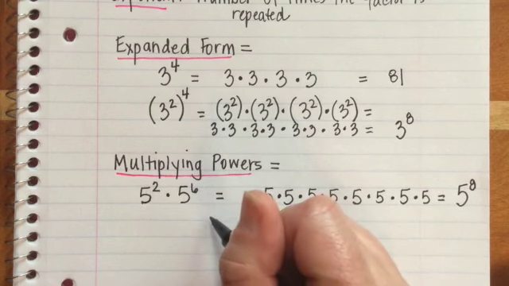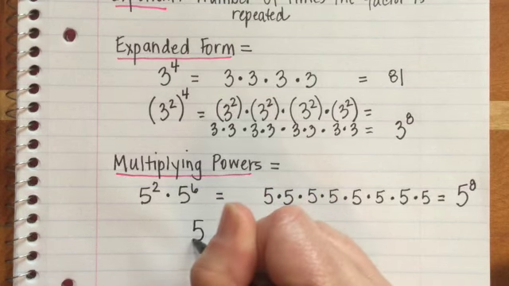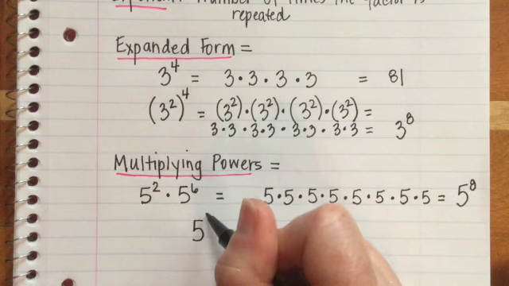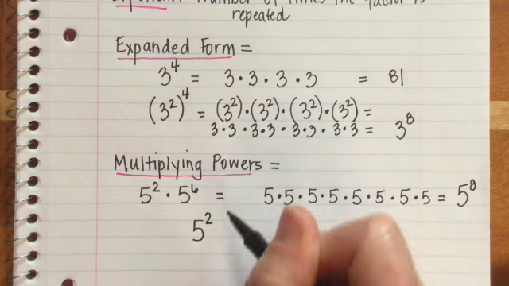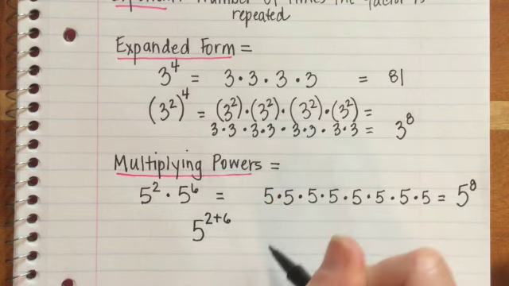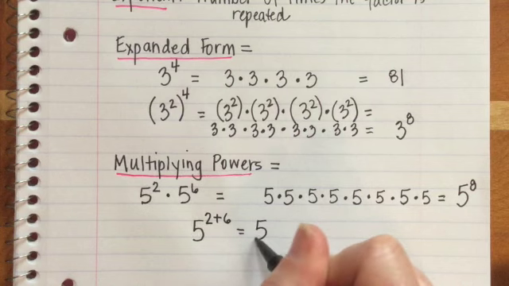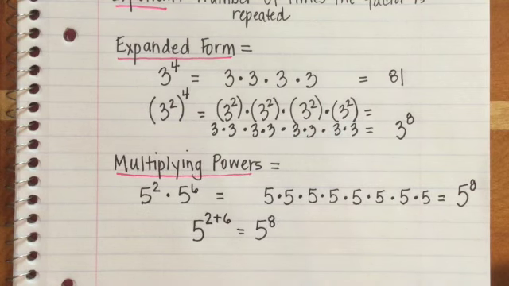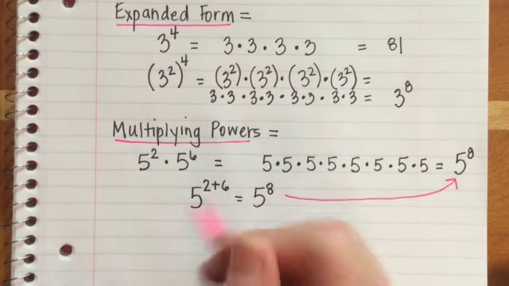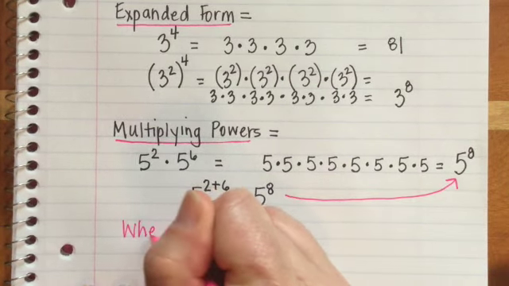Well, in this example, I have a base of 5. If I take my exponent of 2 and I add 6 more, what do I get? I get 5 to the 8th, which is the same answer we got when we took the expanded form route. So multiplying powers, I'm going to give you the rule here.